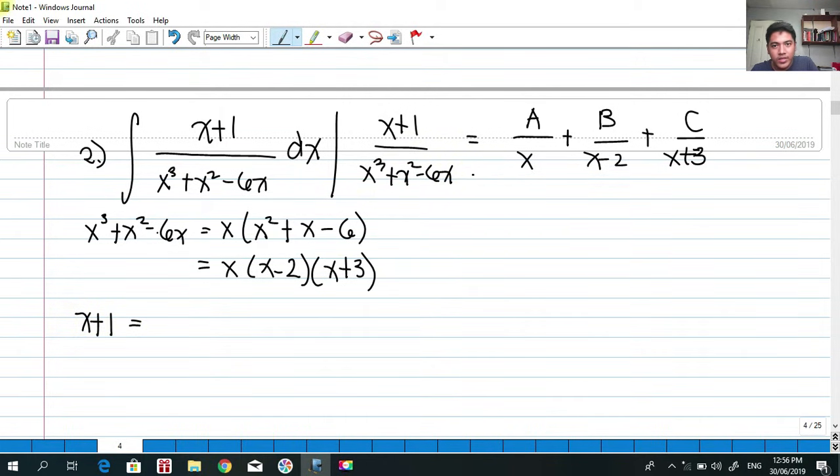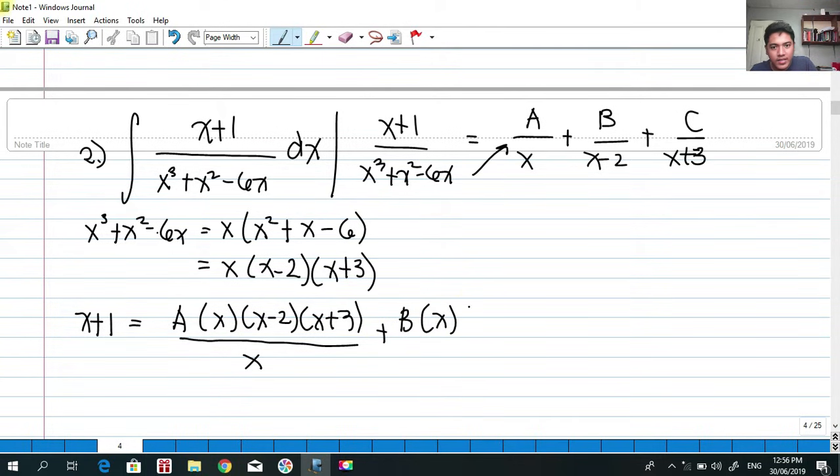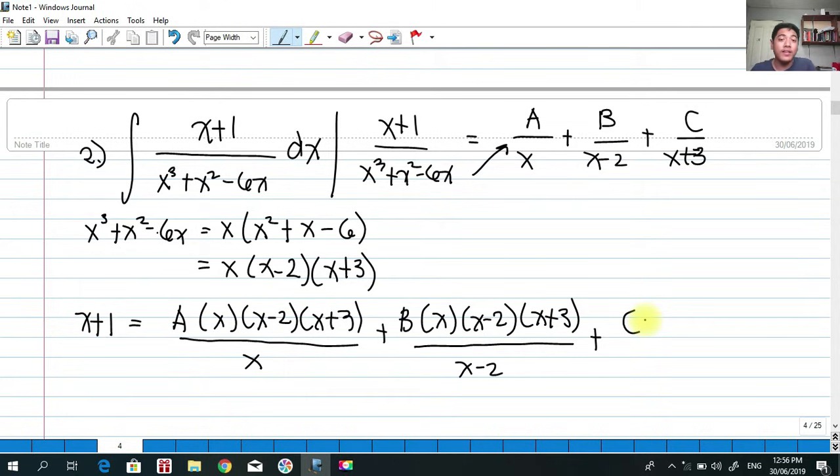We have a times x minus 2 times x plus 3 over x, plus b times x minus 2 times x plus 3 over x minus 2, plus c times x minus 2 times x plus 3 over x plus 3.